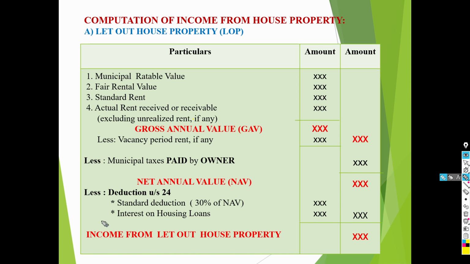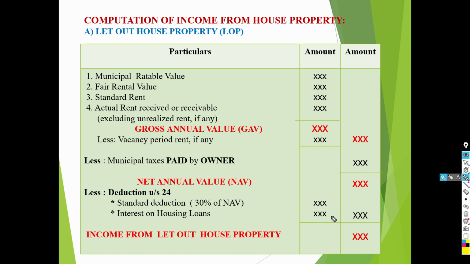From this net annual value, you have to deduct the deductions under section 24. There are two deductions. First deduction is standard deduction, which is 30% of NAV, that is net annual value, which we already calculated. And second deduction is interest on housing loan.